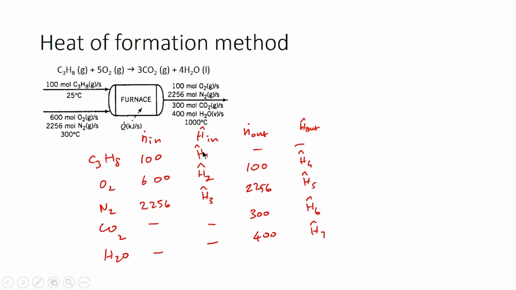So H1 cap is going to be only heat of formation, where carbon and hydrogen react to form propane, whereas H2, H3, H4 and H5 are going to have only heating of these components from 25 degrees Celsius, which is the reference state, to either 300 degrees Celsius, which is the inlet condition, or 1000 degrees Celsius, which is the outlet condition. Your other two terms, H6 cap and H7 cap, are going to have two different components, one being the formation of carbon dioxide and the other is your heating of carbon dioxide or water from 25 degrees Celsius to 1000 degrees Celsius.